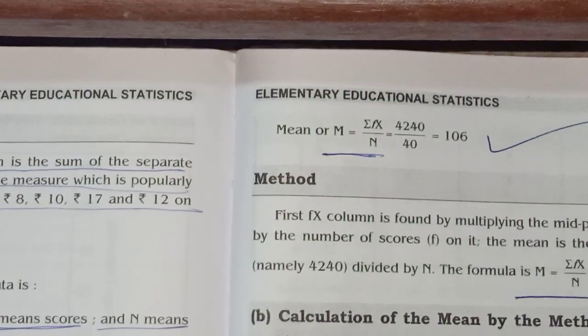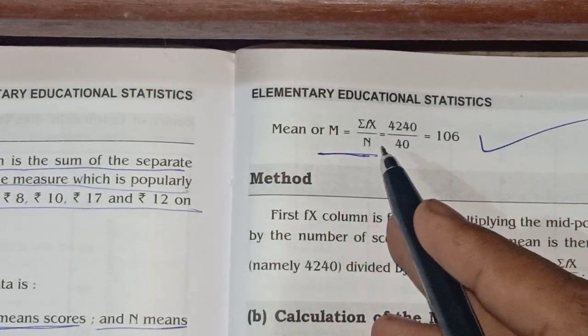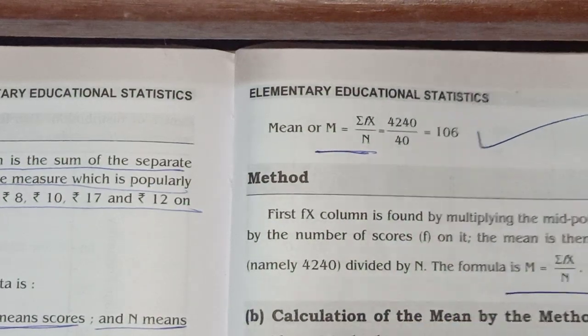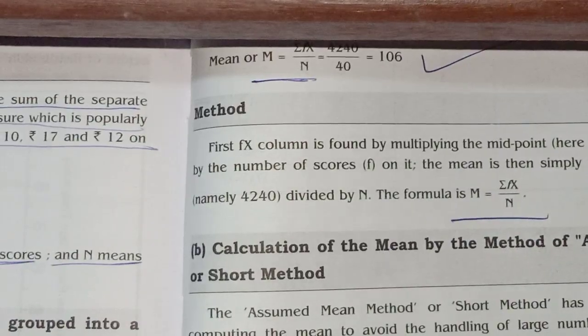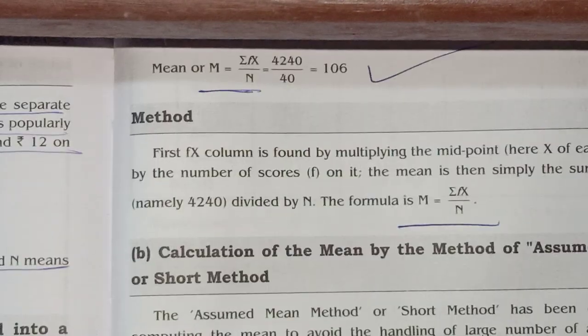So the theory will be: mean is equal to Σfx by N, which is equal to 106. So this is the formula of mean. Take a screenshot of this.